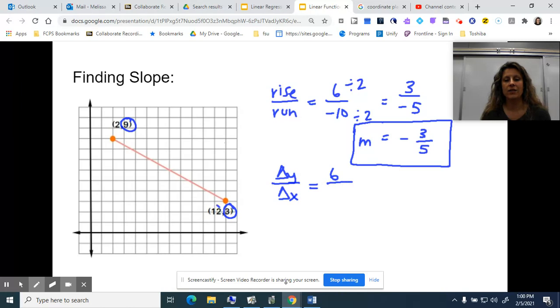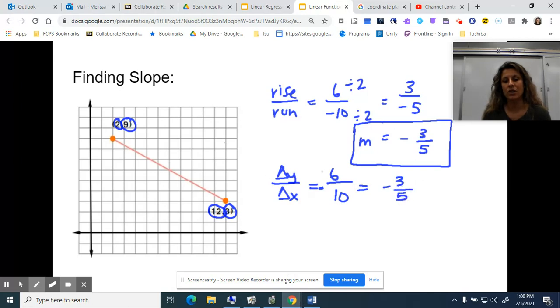Okay, and then here, the change in x, 12 and 2, that's a change of 10. If you're using this change in y over change in x, really have to be careful of whether the line is increasing or decreasing. As I move from left to right, I see that this is decreasing, so I need to make this a negative. Again, it reduces to that same answer that we got earlier.